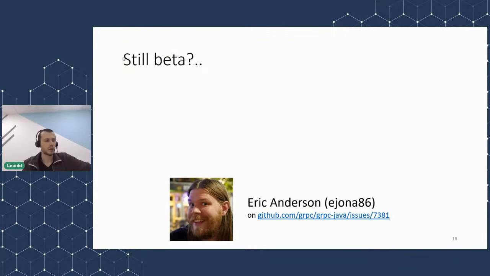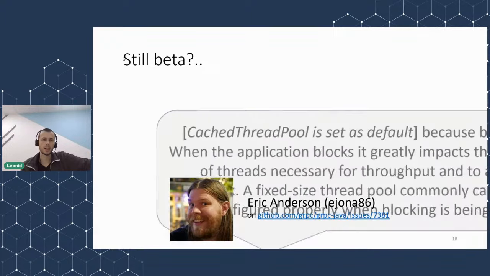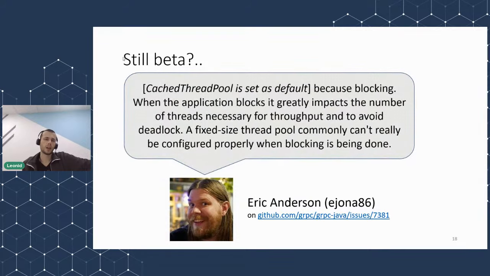The answer is given by this guy, Eric Anderson. He is actually one of the creators and maintainers of gRPC. He tells us that gRPC uses a cached thread pool as the default because of blocking and because of the fact that it's very hard to configure a fixed thread pool properly.